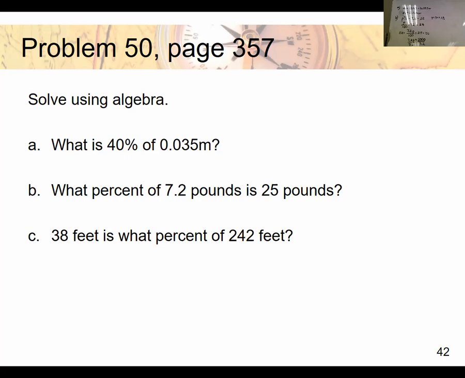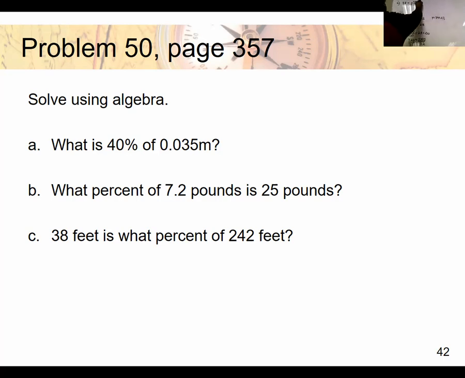Okay. And now part C. Let me see if I can erase this top part here. So it said 38 feet is what percent of 242 feet? So you got 38. Is the equal sign. Now we ask what percent, again, that's P over 100.